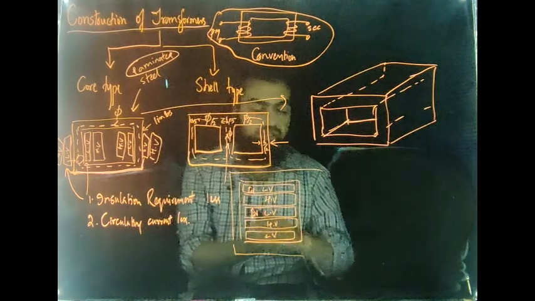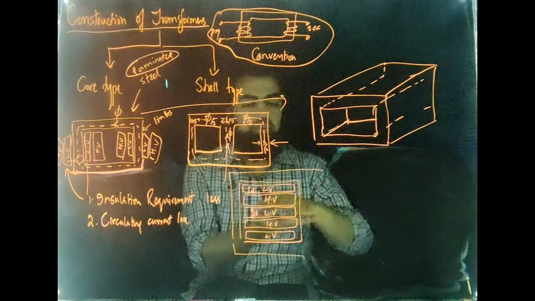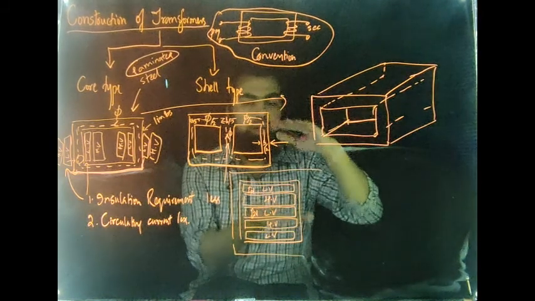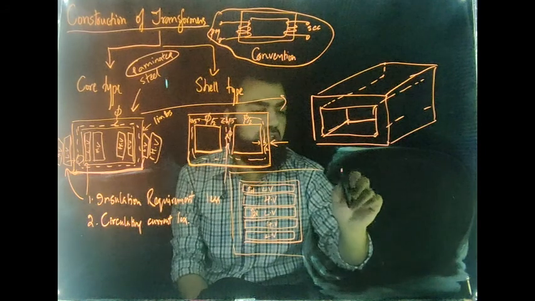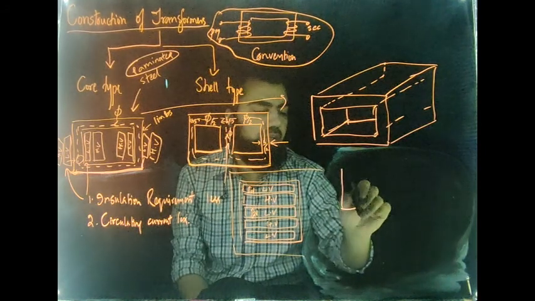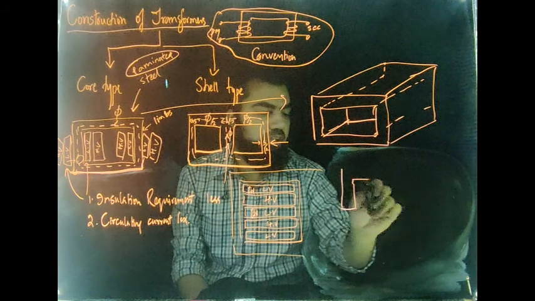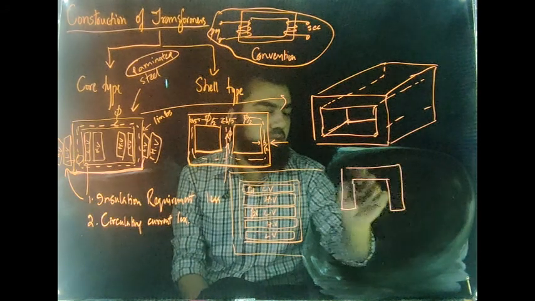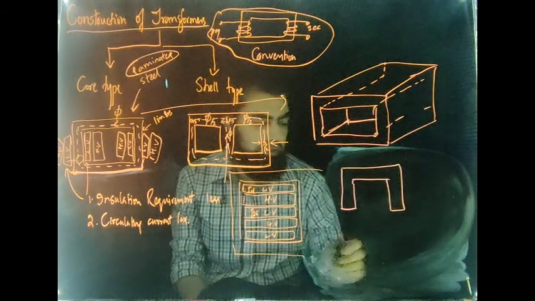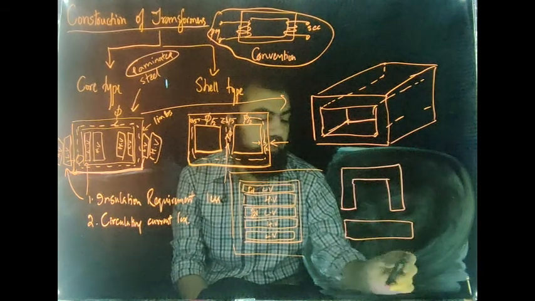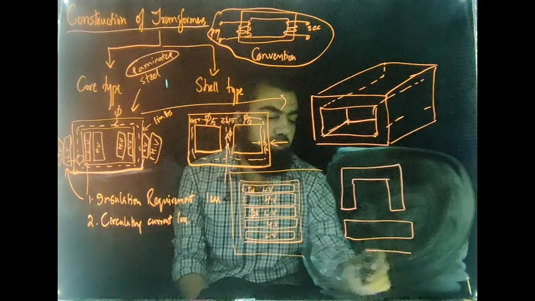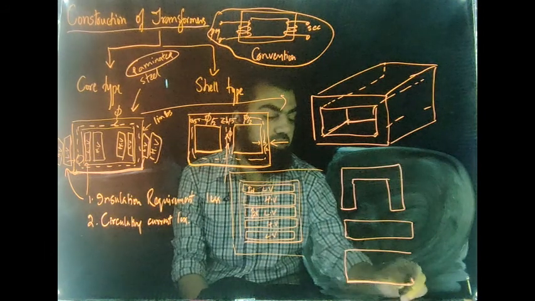You will have sheets of steel stacked upon each other that will form a solid core-like structure. Now these sheets will be of different shapes. You can have a U-shaped structure, you will have an I-shaped structure, and for a shell type transformer, you can have an E-shaped structure.